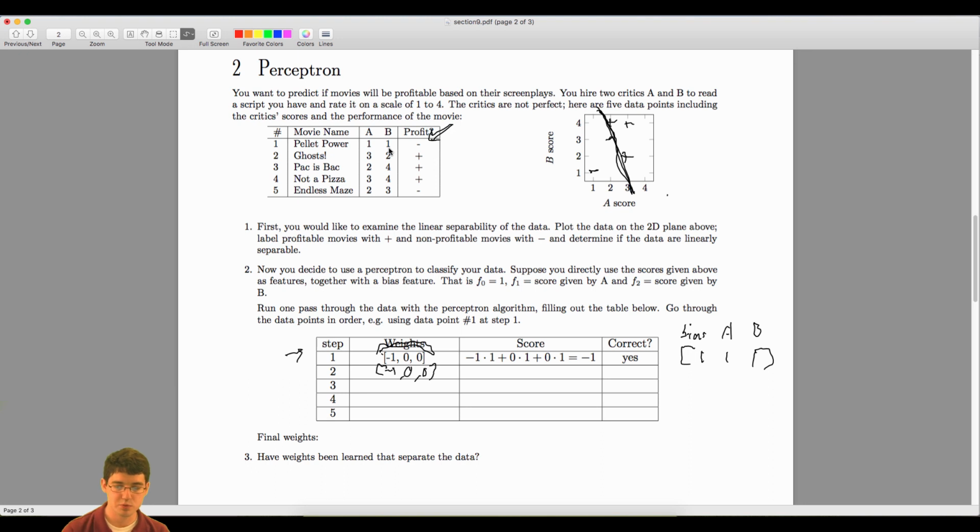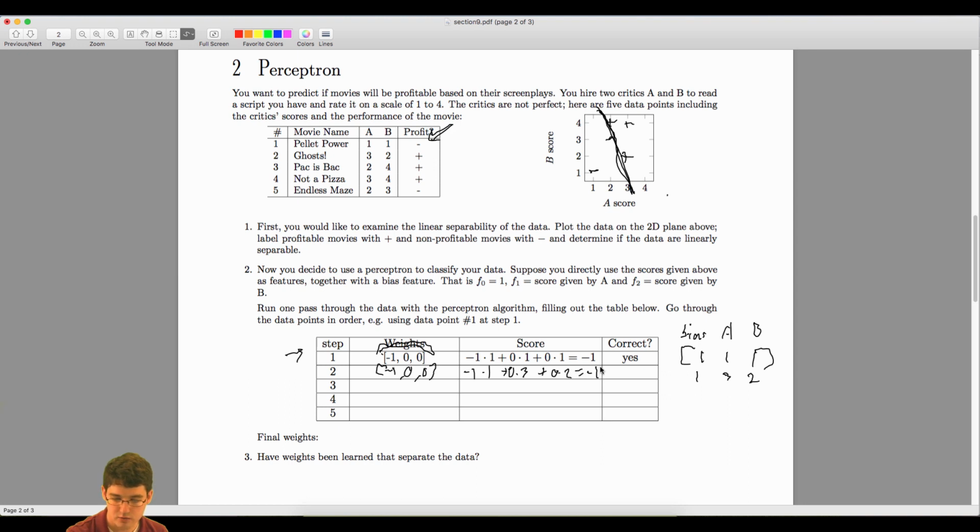This is 3, 2 plus. So what is our feature vector? Well, the bias is 1, then A is 3, and B is 2. We're going to do the dot product of this vector with the weight vector. So we get -1 times 1, plus 0 times 3, plus 0 times 2.